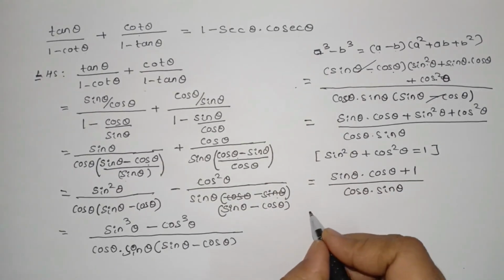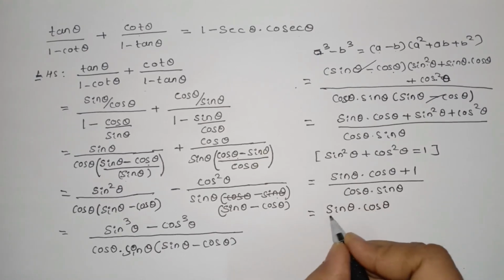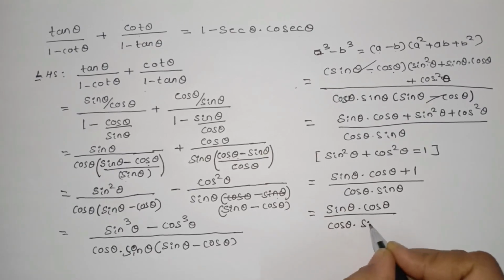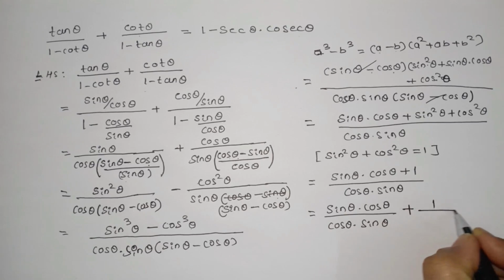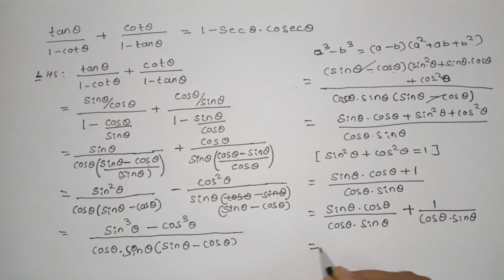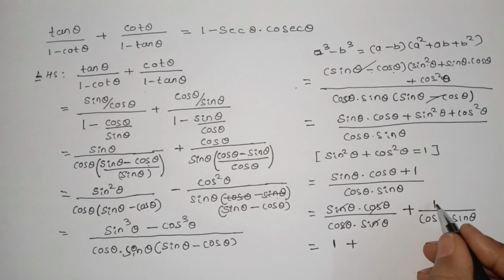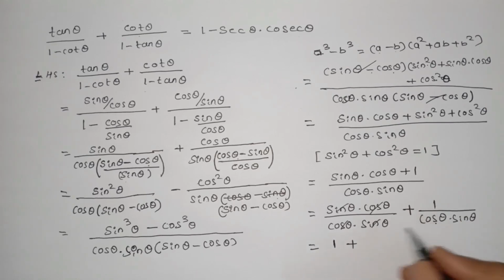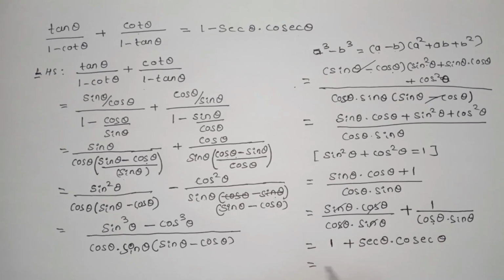Now separating the denominator for both the terms of the numerator, it is sin theta into cos theta divided by cos theta into sin theta plus 1 divided by cos theta into sin theta, which is equal to, so sin at the numerator and denominator get cancelled, cos also gets cancelled, so we get the value of this term as 1 plus, so 1 by cos theta, 1 by cos is nothing but sec theta, into 1 divided by sin theta is cosec theta. So this is nothing but the required RHS.